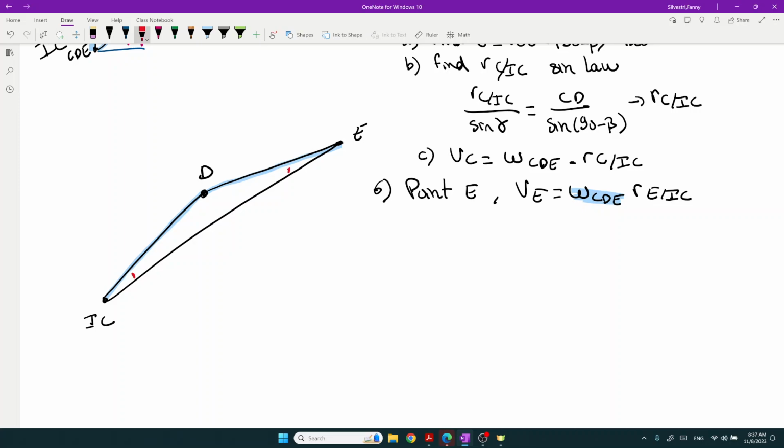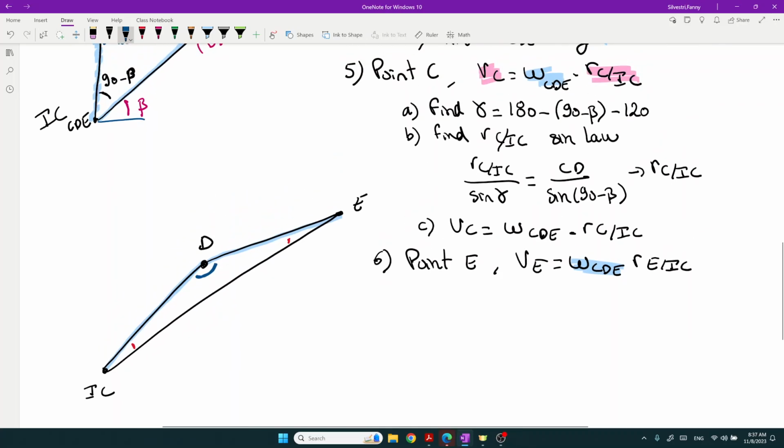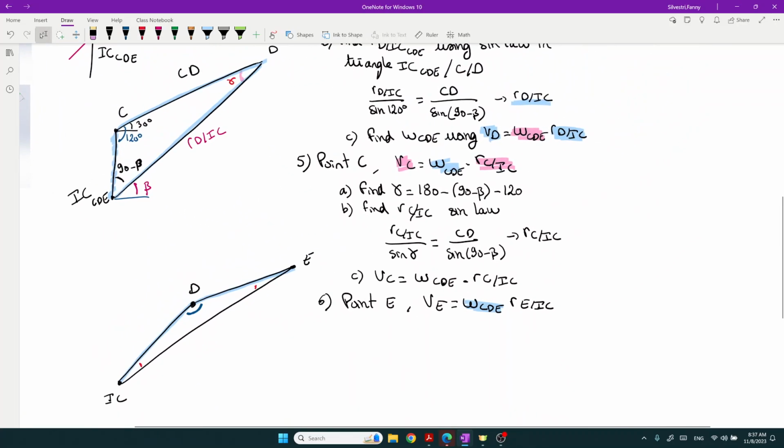I don't think we can. So let's check this one. This angle there, remember this one? This one, CDE, is a rod, and we found gamma. So this angle is the angle gamma, so the angle at D will be 180 minus gamma.